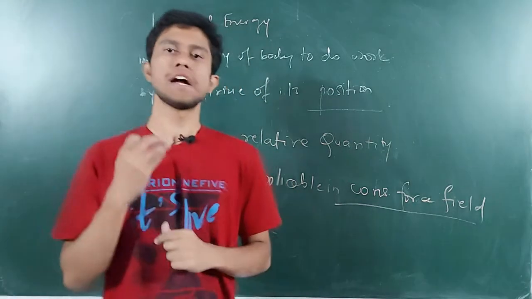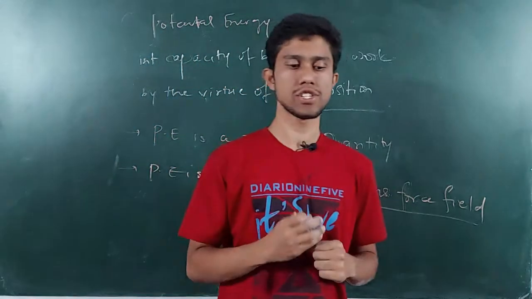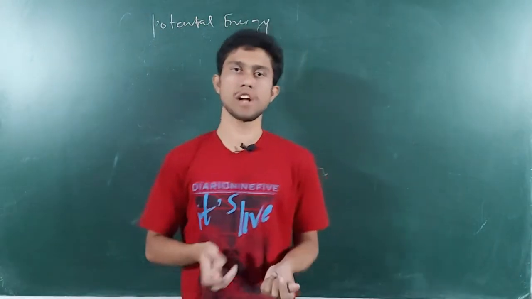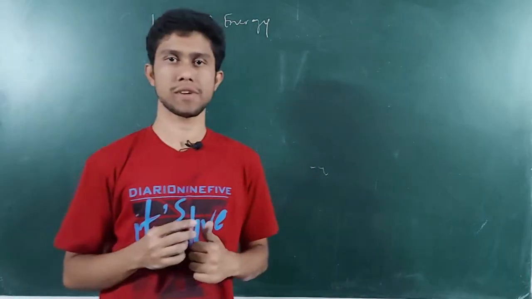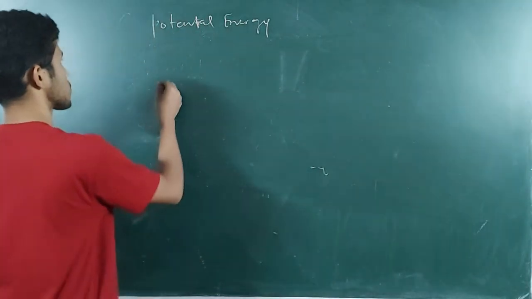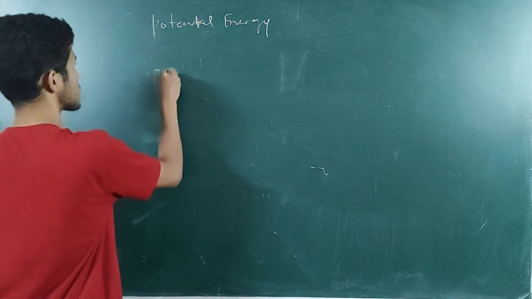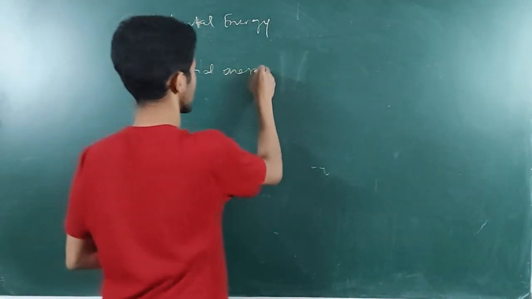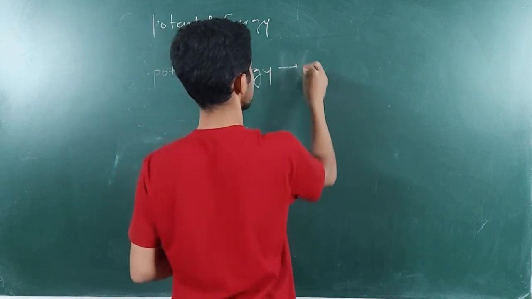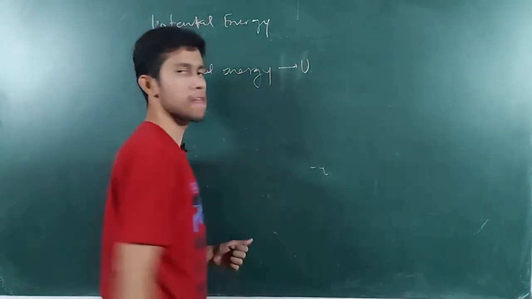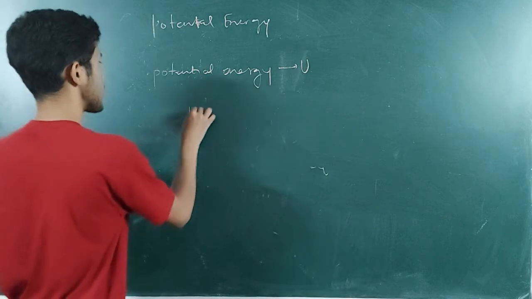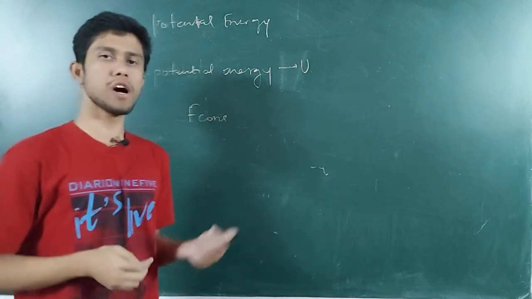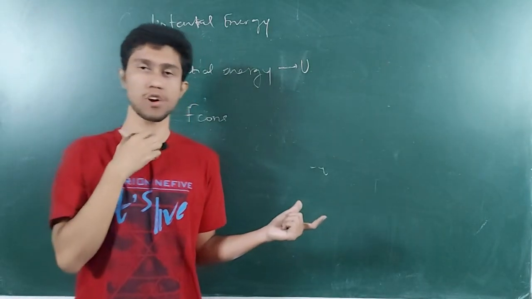Now we'll go to the numerical aspect, some expressions about potential energy which will help us to solve numericals. So potential energy is given by U. I'm going to write an expression for F conservative. I have told you potential energy is defined only in the case of a conservative force field.